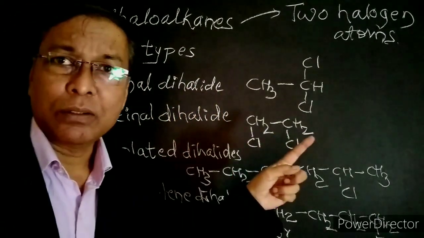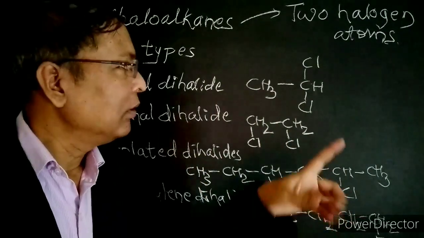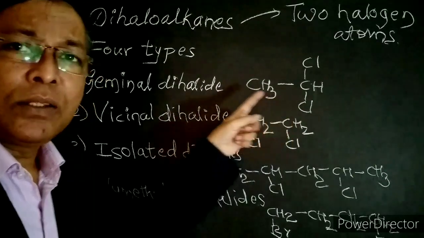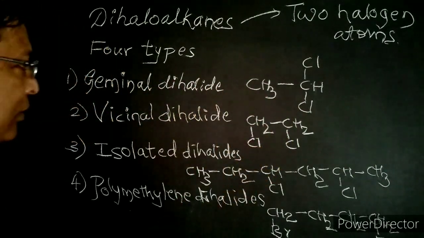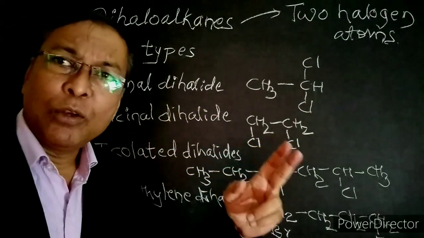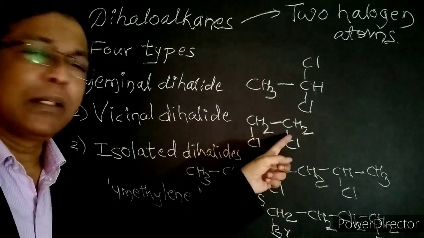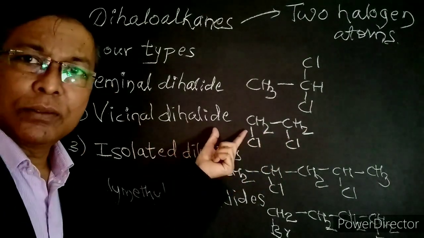I repeat, when two same halogen atoms are present on the same carbon atom, it is called geminal dihalide. When same halogen atoms are present on adjacent carbon atoms, they are called vicinal dihalides.